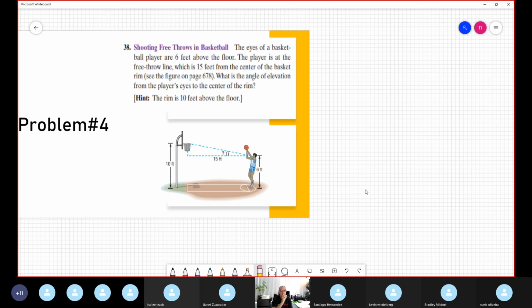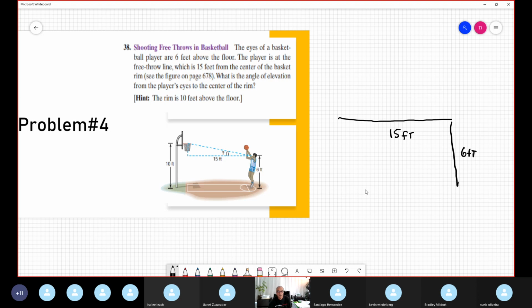This figure is taken from the book. What is the angle of elevation? Angle of elevation again. Wow, I like the angle of elevation because I understand it very well. So we have a triangle. This horizontal distance is 15 feet. That distance is 6 feet, the height of the player.